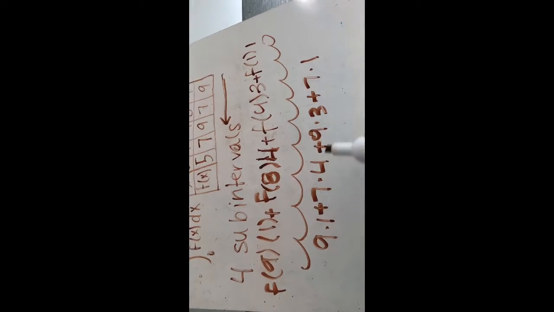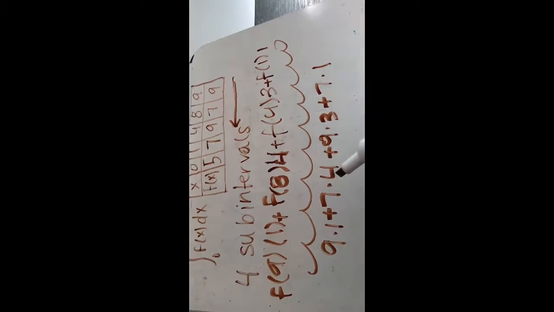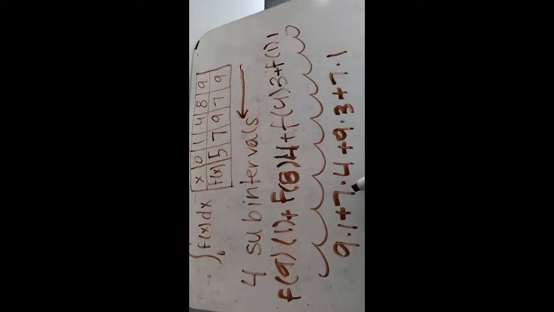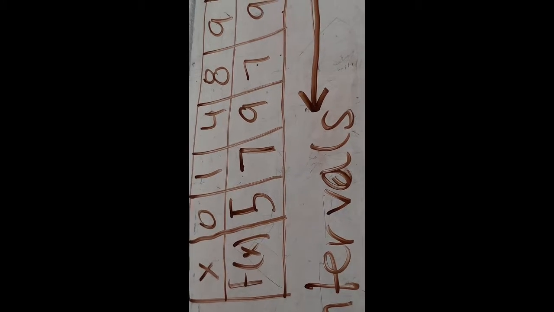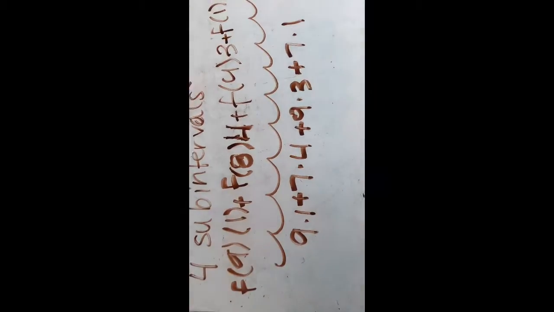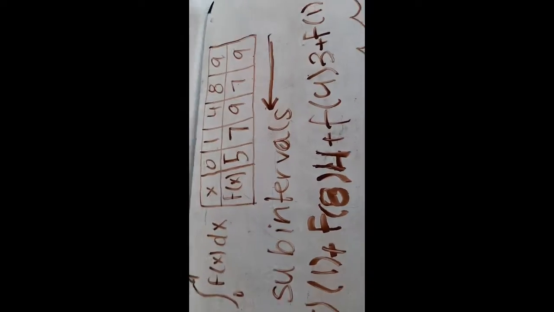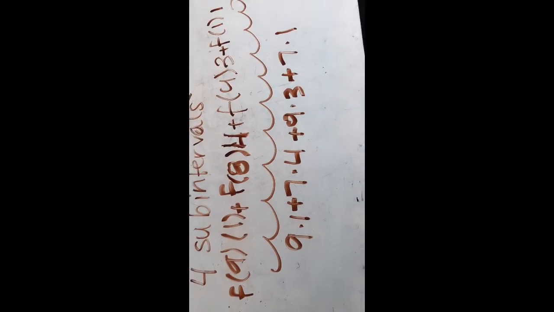And so, just in case you didn't catch what I did here, f of 8 just means what is f of x when x is 8? And in this case, it was 7. So that's how you do it for each one.